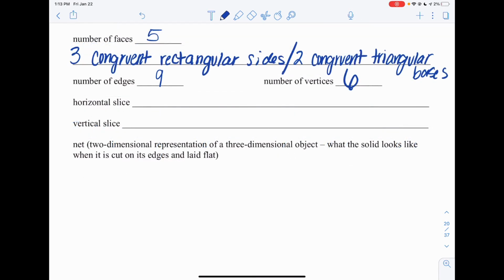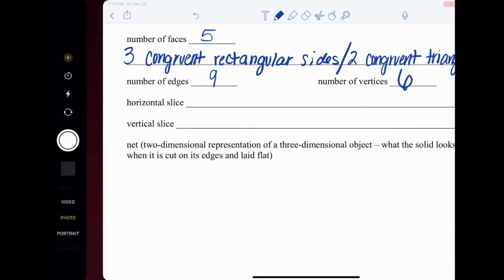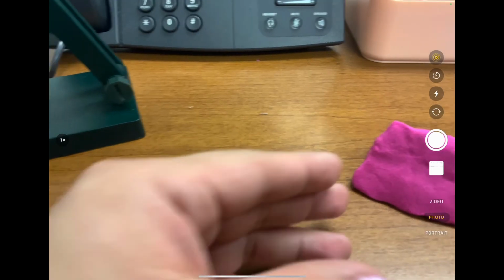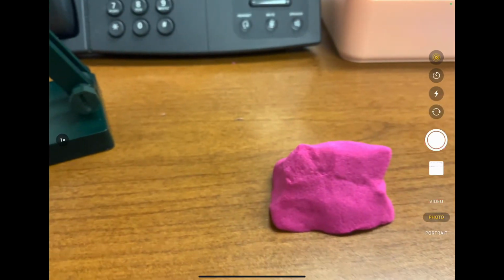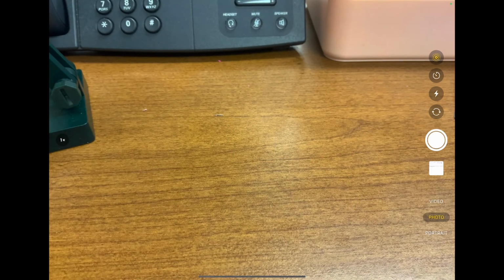All right, with horizontal slice and vertical slice, like we did in the last couple of examples, this just means that we are cutting our prism in half, horizontally or vertically. And we're gonna open our shape up to see what kind of shape it's going to give us, okay? So if I go to my camera, you're gonna see I somewhat made my triangular prism. Let me fix that because that looks a little rough.